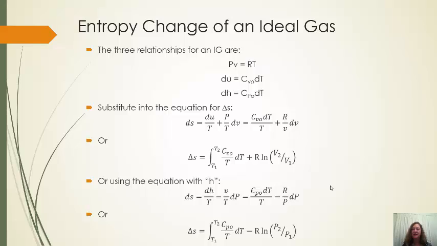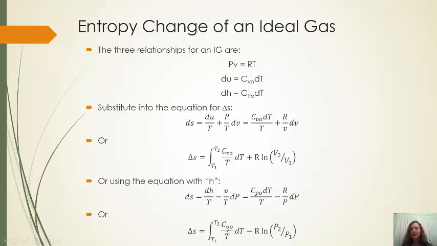P over T, I can rearrange from the ideal gas law. du is Cv dT, and I end up with these expressions shown below here. So delta S is the integral of Cv over T dT plus R natural log of v2 over v1.